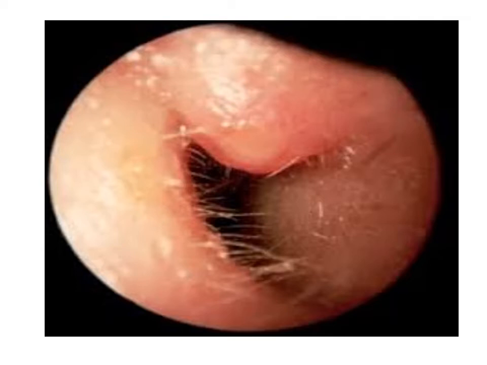Here one important point is that in diabetes the furunculosis will be recurrent again and again. So if a patient comes to you again and again with the complaint of furunculosis, then diabetes mellitus must be excluded.